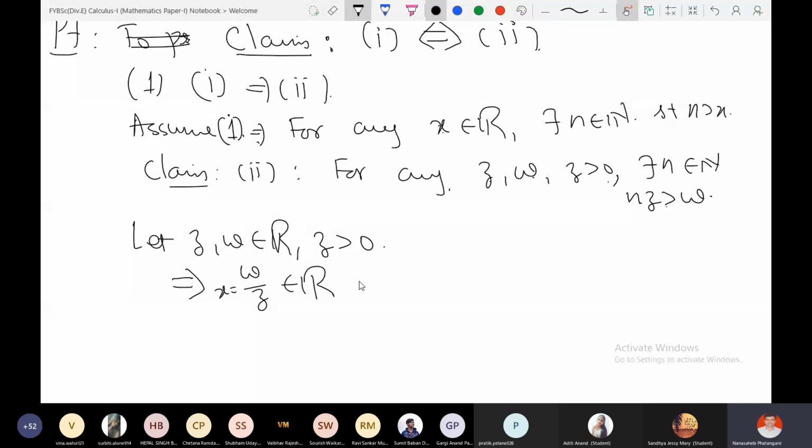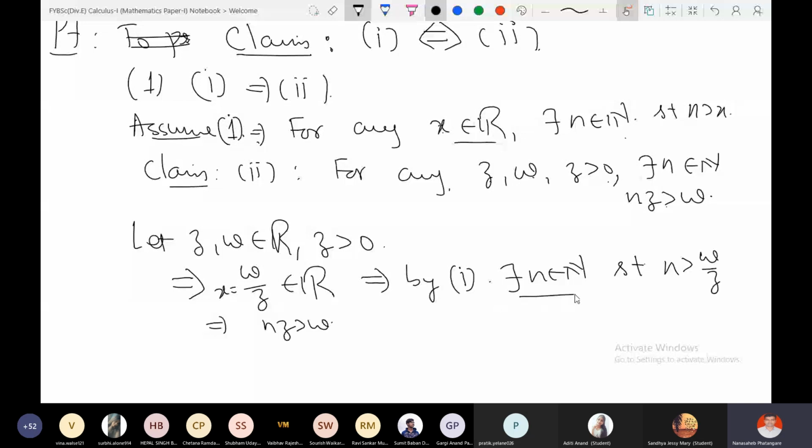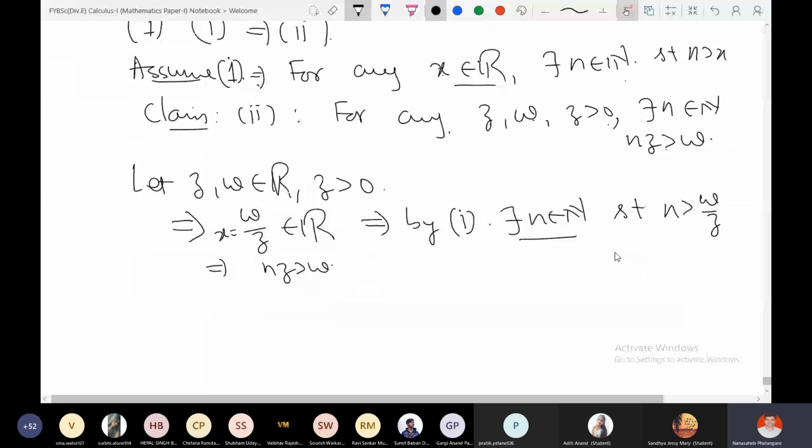So by 1, there exists a natural number n such that n is greater than w by z. And ultimately, what do I get? nz is greater than w. So ultimately we found that there is a natural number n such that nz is greater than w, because z is positive. So if I multiply both sides by z, the inequality remains unchanged. Is it clear?